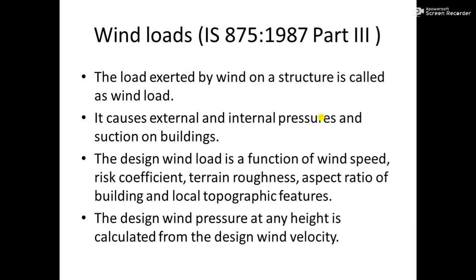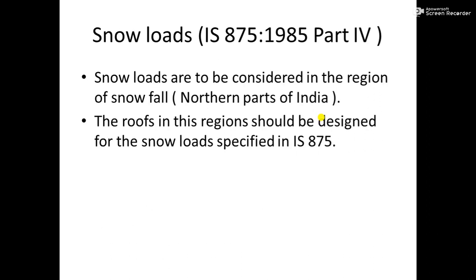Terrain roughness is K2, and aspect ratio is K3. All these design aspects will be used while solving problems. Again we will discuss them at that time. The design wind pressure at any height is calculated from the design wind velocity. That is, wind velocity is very important while designing for wind pressure.